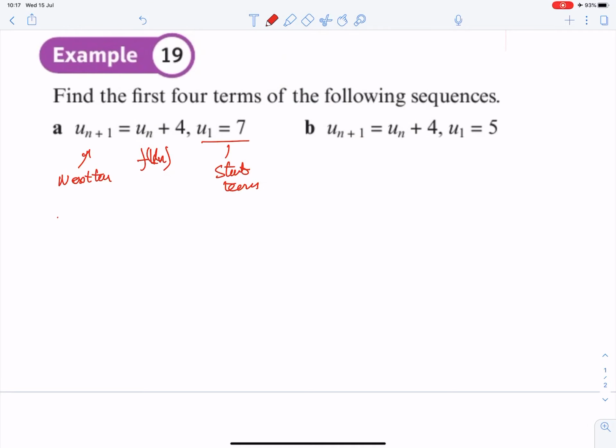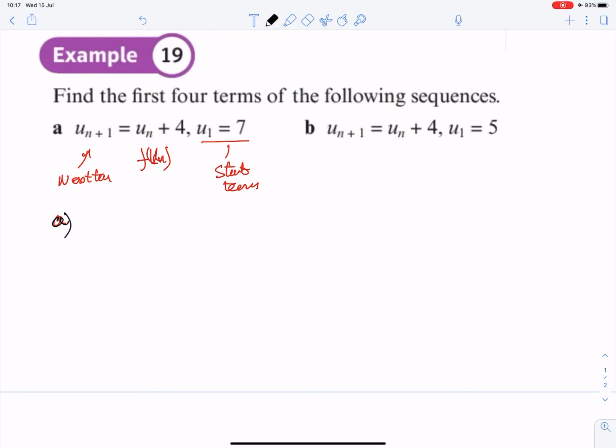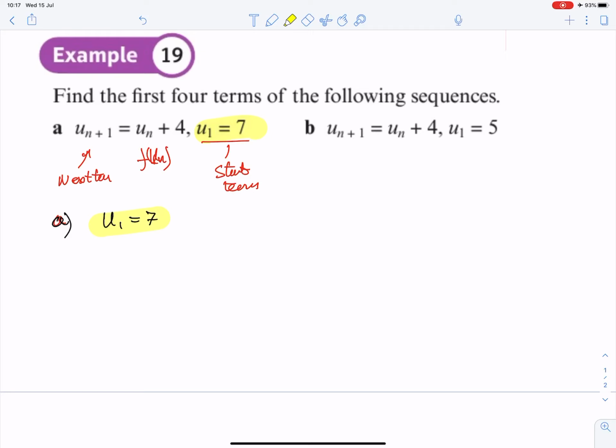So here we find the first, let's read the question, find the first four terms of the following sequences. So we can see U1 equals 7. We're given that in the question. So that's our starting term.